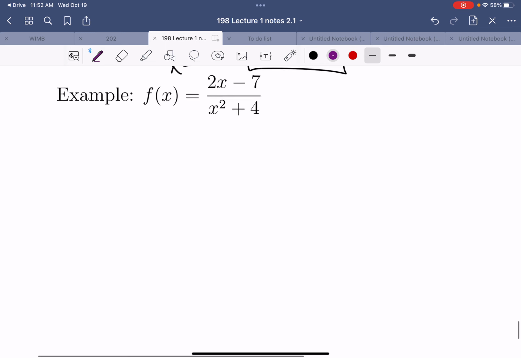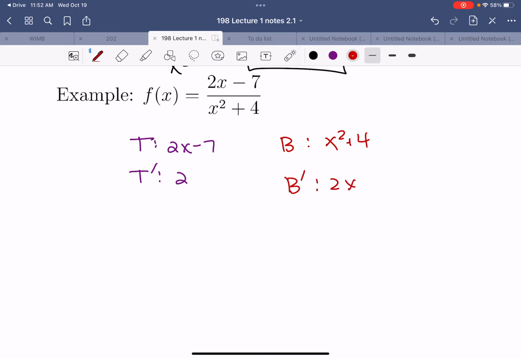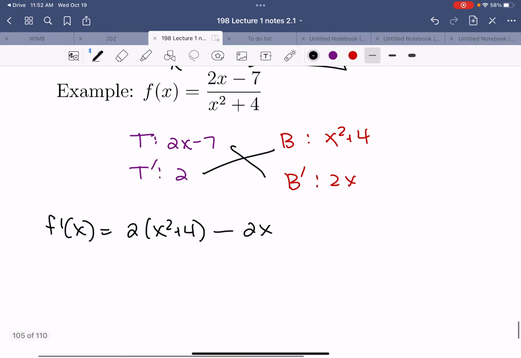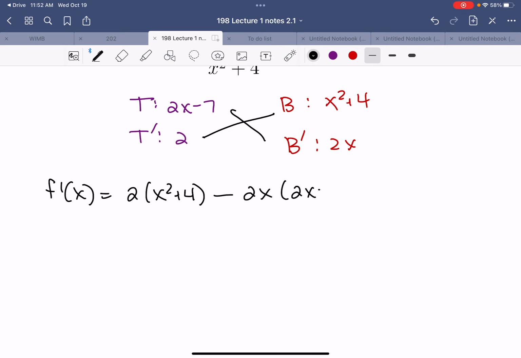Similarly, for our second example, the top is the 2x minus 7. The top prime is 2. The bottom is x squared plus 4. And the bottom prime is 2x. So when I put this together using my quotient rule, I want top prime bottom. So 2 times x squared plus 4 minus bottom prime top, which is 2x, times 2x minus 7, all over the bottom squared, which is x squared plus 4 squared.